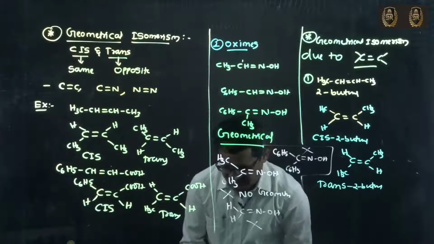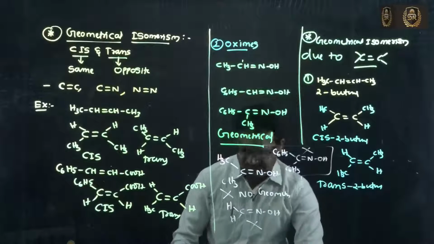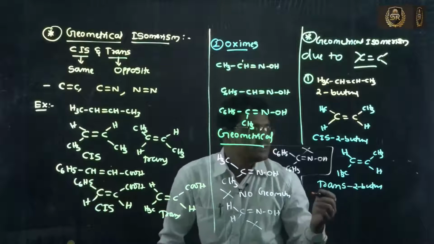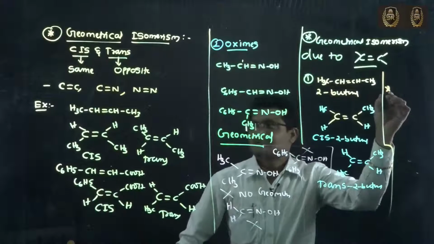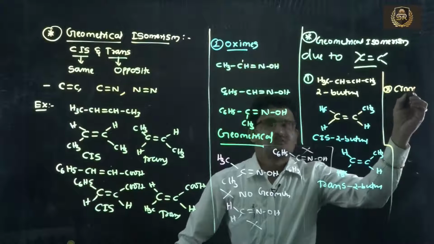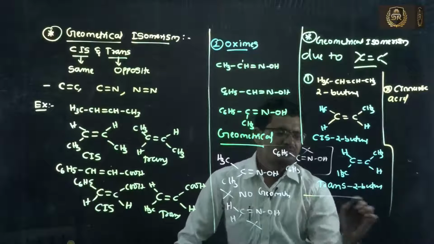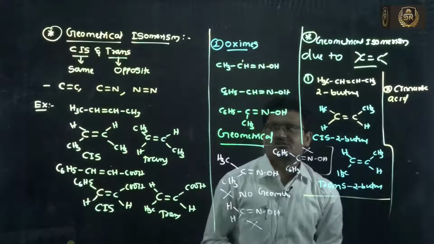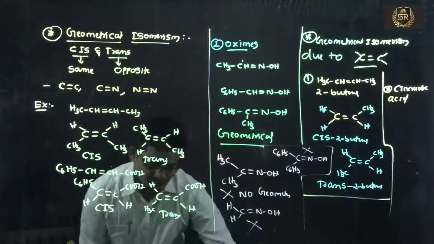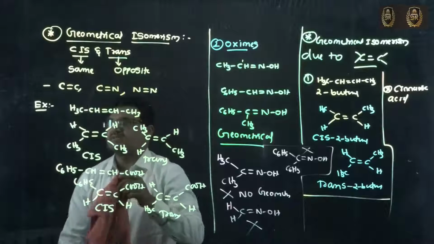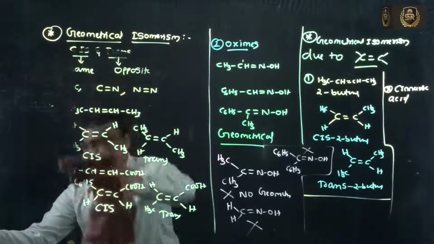Now one more example is cinnamic acid. What is the formula of cinnamic acid? This cinnamic acid is also a best example of geometrical isomerism.